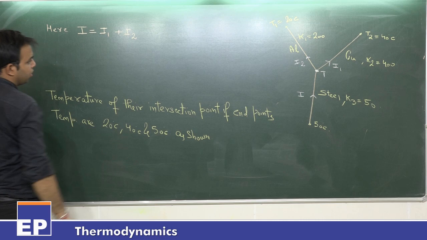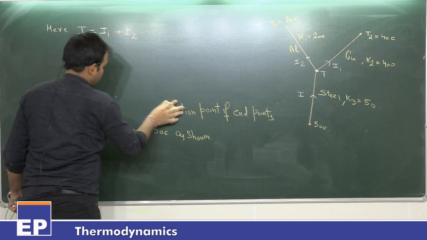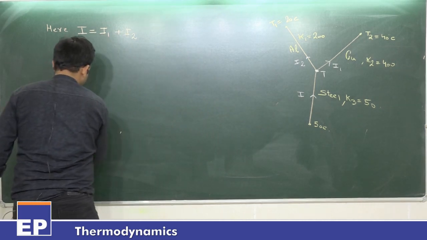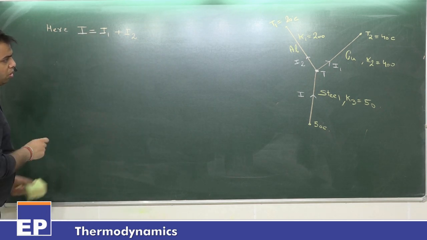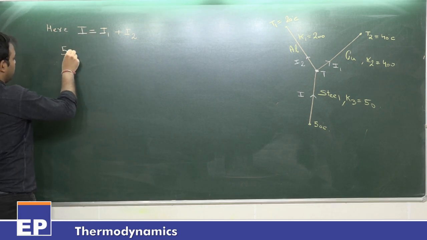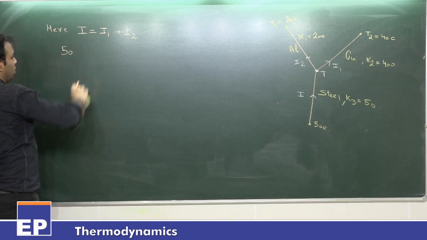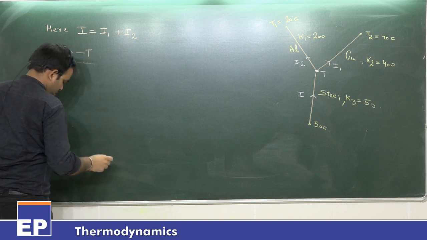Now what is I? I is delta T by, that is 50 minus T by resistance.